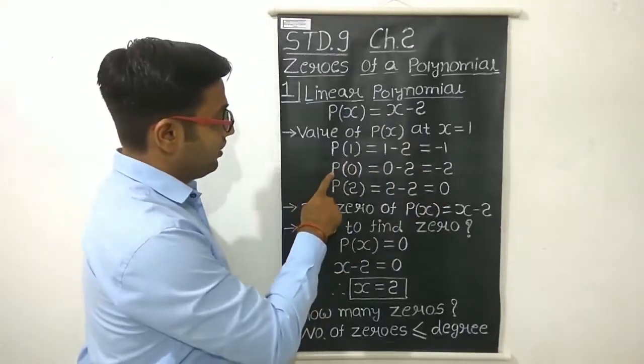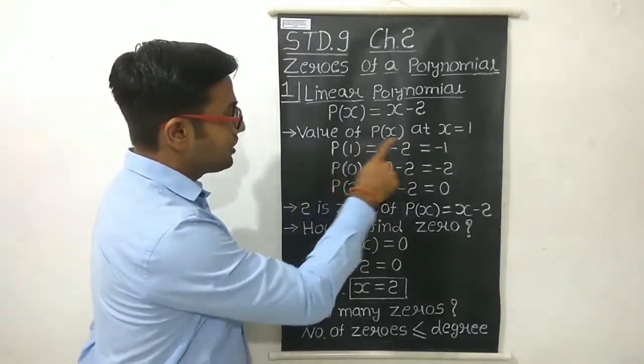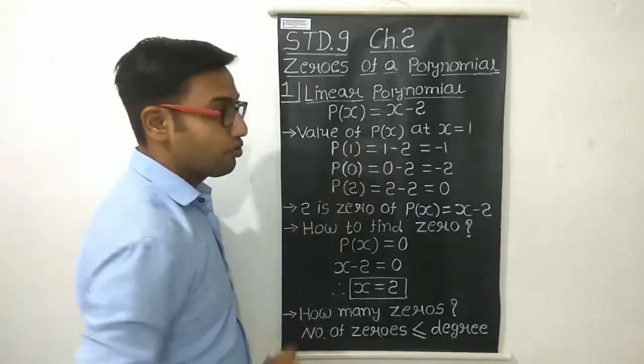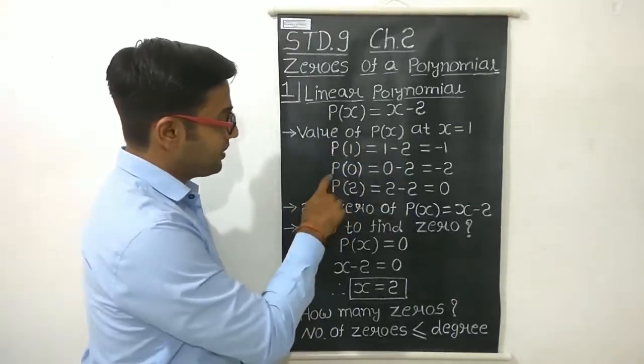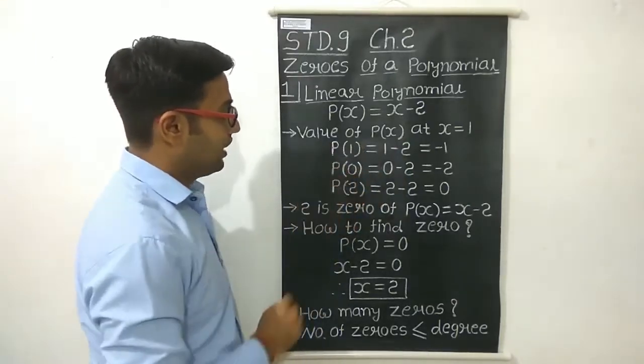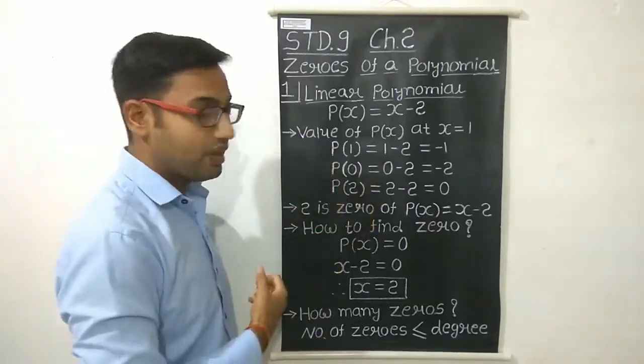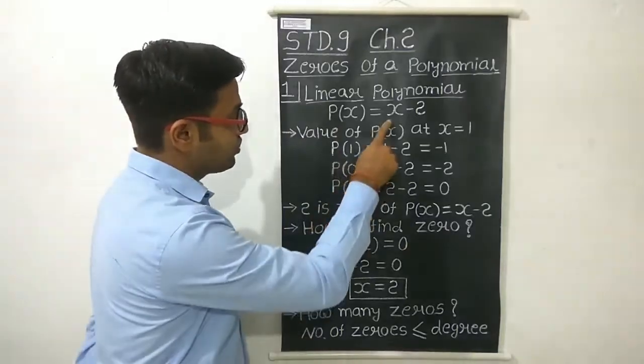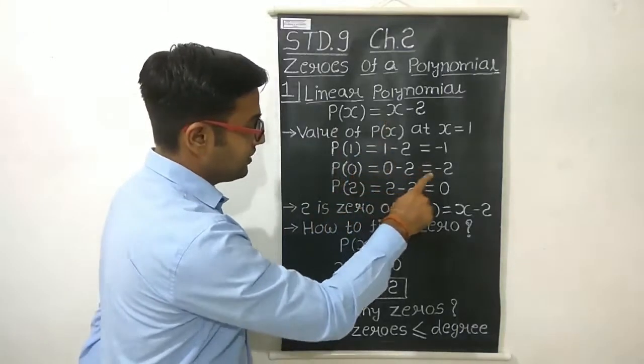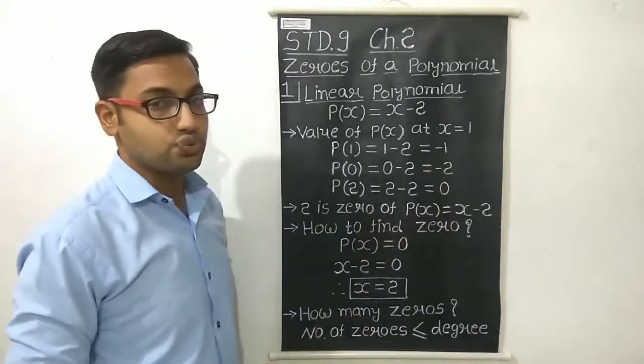Similarly, now we find the value of this polynomial at x is equal to 0. So we represent it as p of 0. Now instead of x, we have to put 0. So p of 0 is equal to 0 minus 2 and the answer is minus 2.